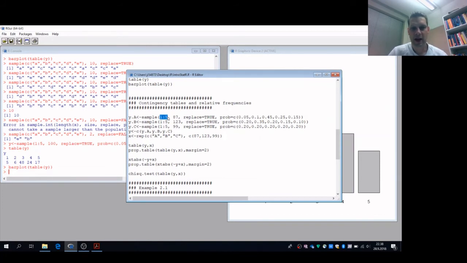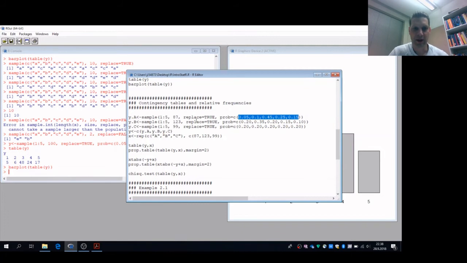In this case, I'm creating this artificial data in a way that in the case of subpopulation A, the subpopulation defined by this x variable, these values 1 to 5 are realizing with these kinds of probabilities.